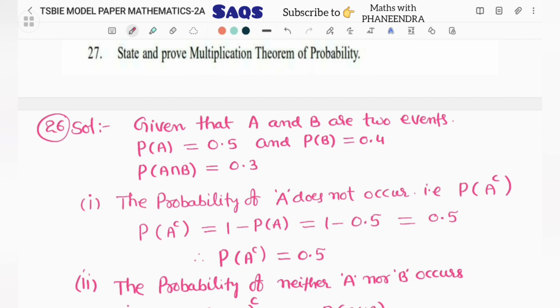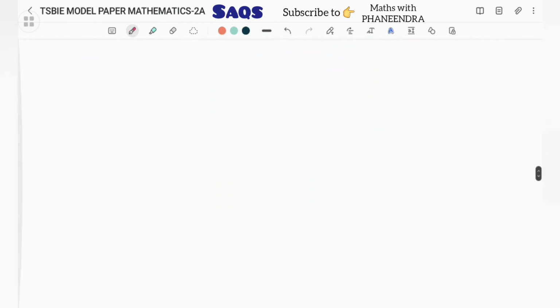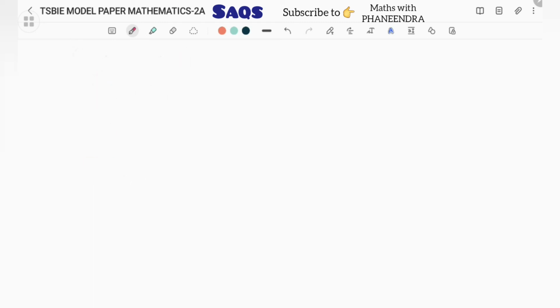So question number 27, state and prove is given. Now, the statement I am writing here. Statement. Next proof. We'll give that in 2 lines, with a different pen.